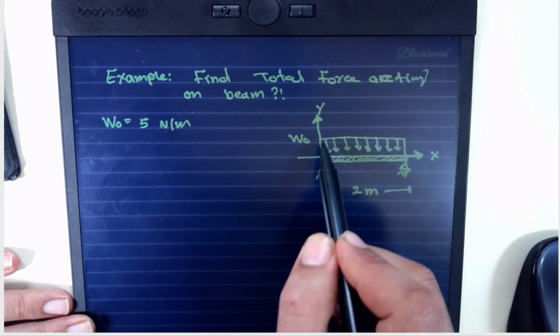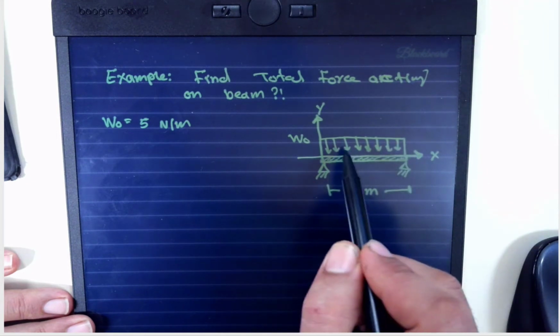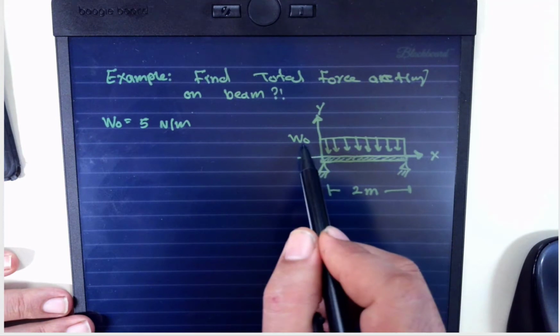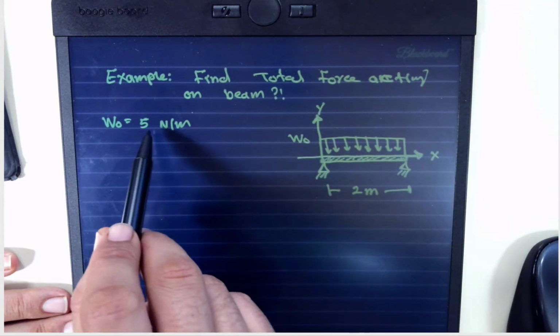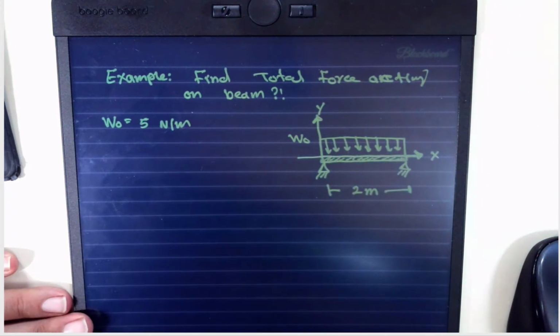So imagine this is a continuous block at a certain height with a given constant density. So the force per unit length is constant, 5 Newton per meter. So we want to find the total weight acting on this beam, regardless of where it is located. That we will discuss later.